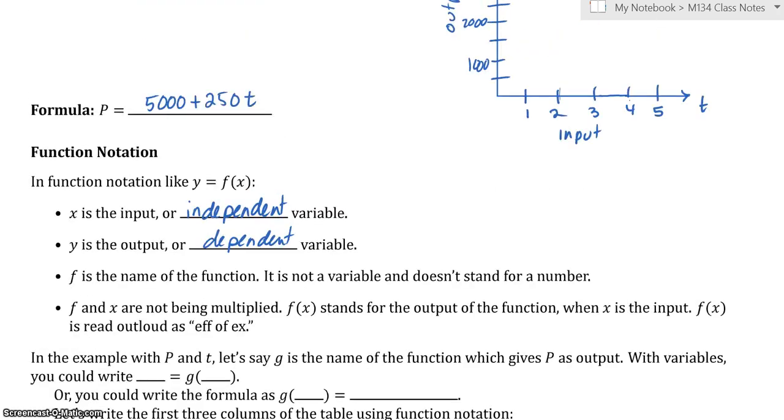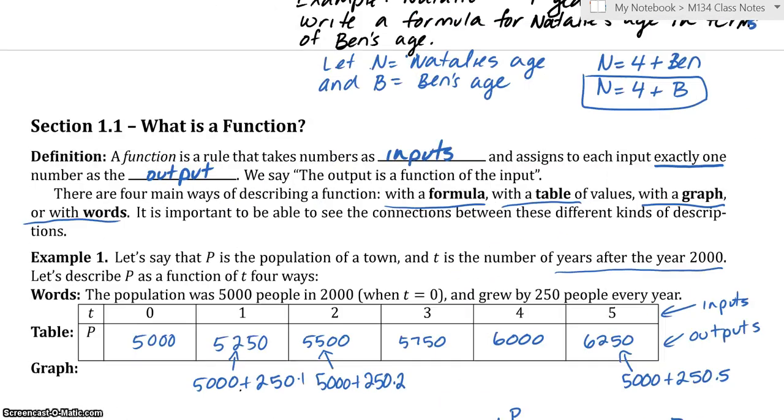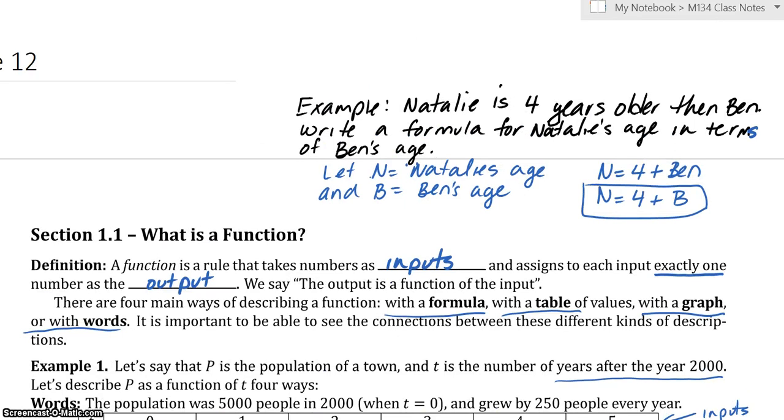If we go back to our first example, the input was the B, and the output was Natalie's age, as it's written here. So whatever is equal, that's usually considered the output. The B is the input.